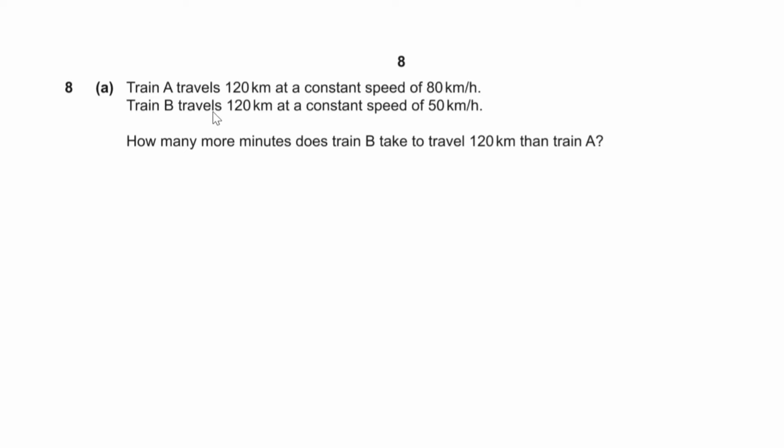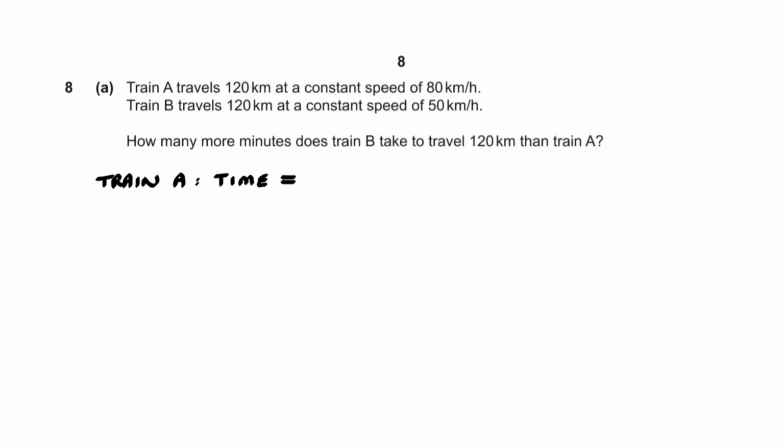Question number 8. For part A, train A travels 120 km at a constant speed of 80 km per hour. Train B travels 120 km at a constant speed of 50 km per hour. How many more minutes does train B take to travel 120 km than train A? Well, for train A, we can find out the time it takes.